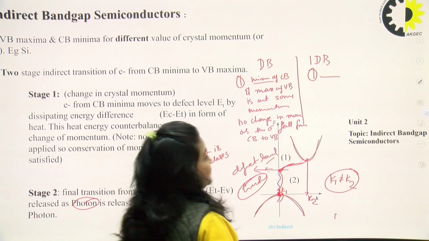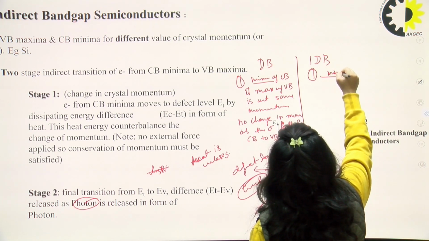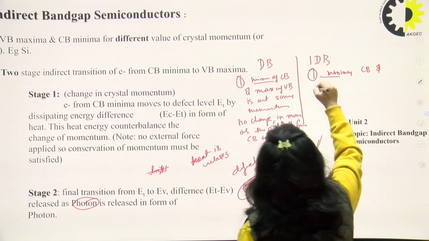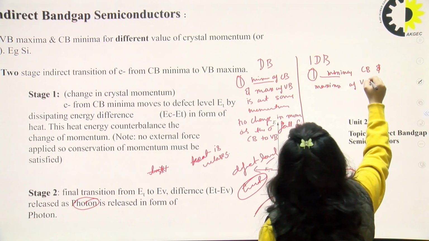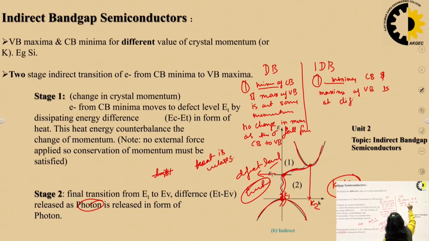But in the indirect band gap, the minima of the conduction band and the maxima of the valence band are at different momentum points.